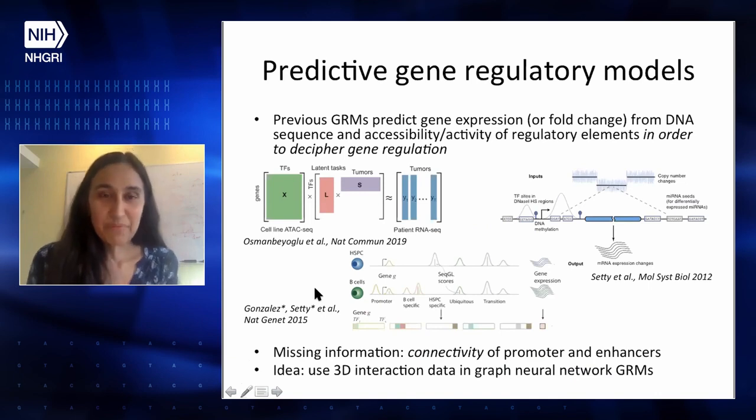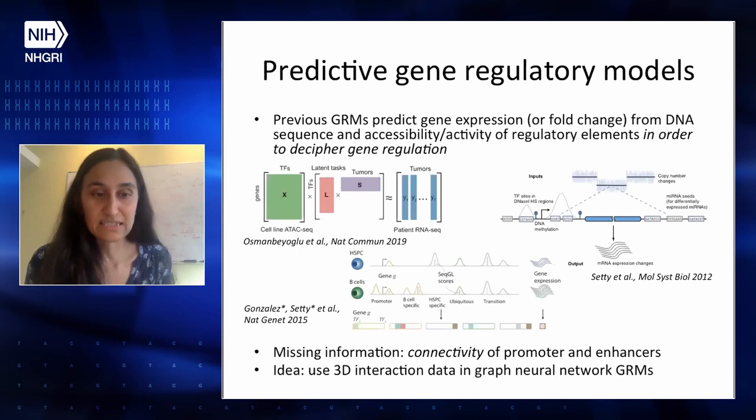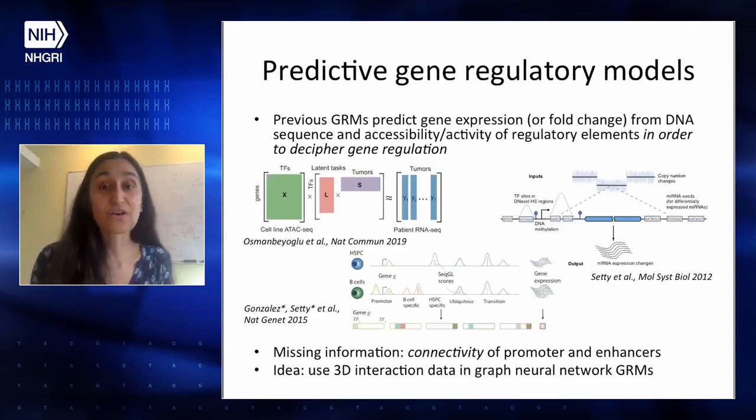In my own lab, we've done a lot of work in this domain, trying to use models to predict gene expression or fold change between different cell states from the sequence content and the accessibility or activity of regulatory elements. And we're doing this not to predict per se, but in order to decipher gene regulation, figure out what the regulators are, figure out how individual genes are regulated.